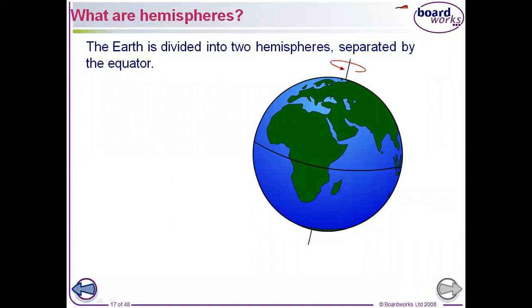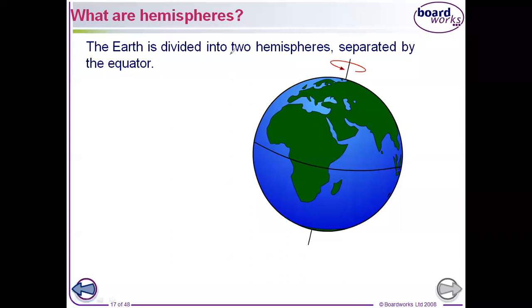Now, the hemispheres. The earth is actually divided into hemispheres. If you are to divide the earth into two parts, perfectly two parts, maybe you have a sphere like a ball and you're asked to cut it into two parts, and you happen to divide it from the middle, that point where you actually cut it is the equator.